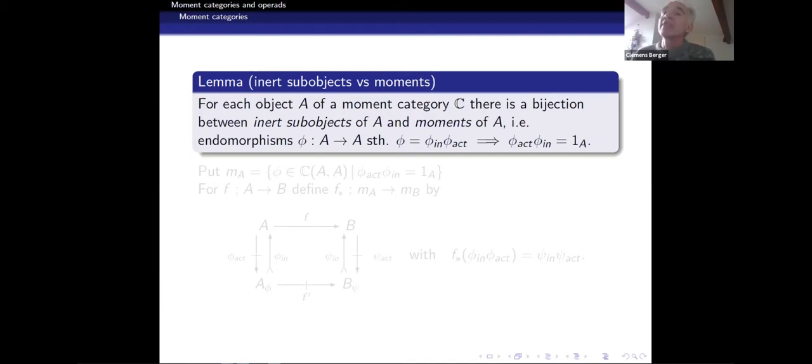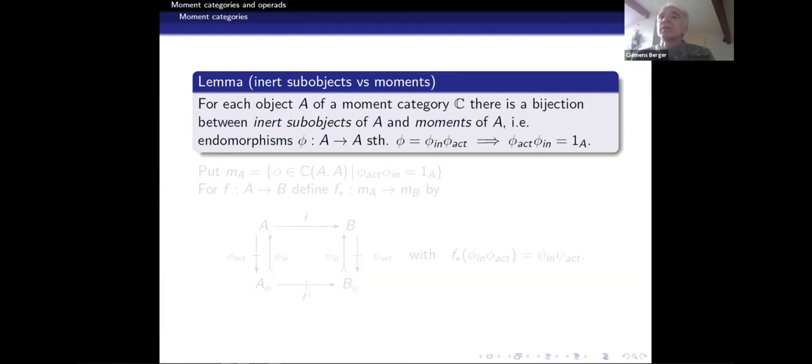First the retraction, then the section, and what you get is an endomorphism, and actually it's a split endomorphism. Such a split endomorphism, I call a moment. And now it is very easy to check that inert subobjects of an object of a moment category are the same thing as these endomorphisms you get by composing the retraction with the inert map.